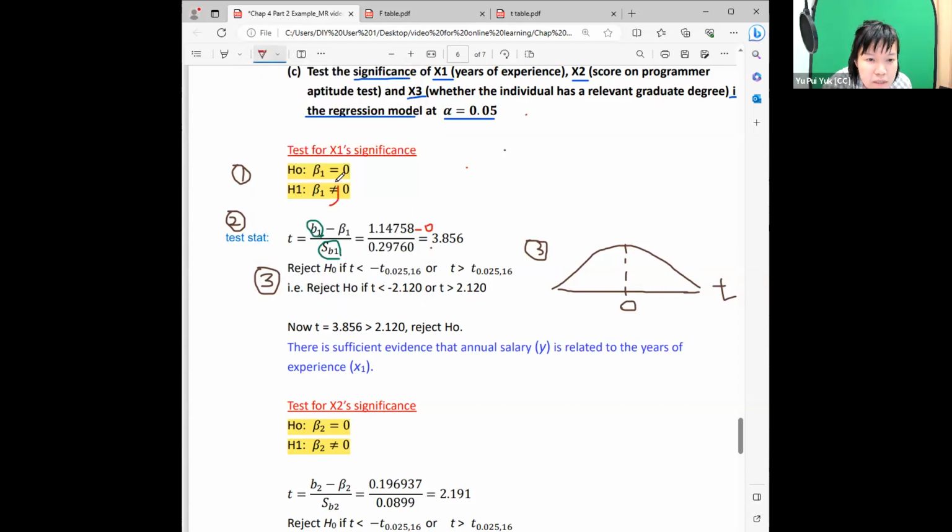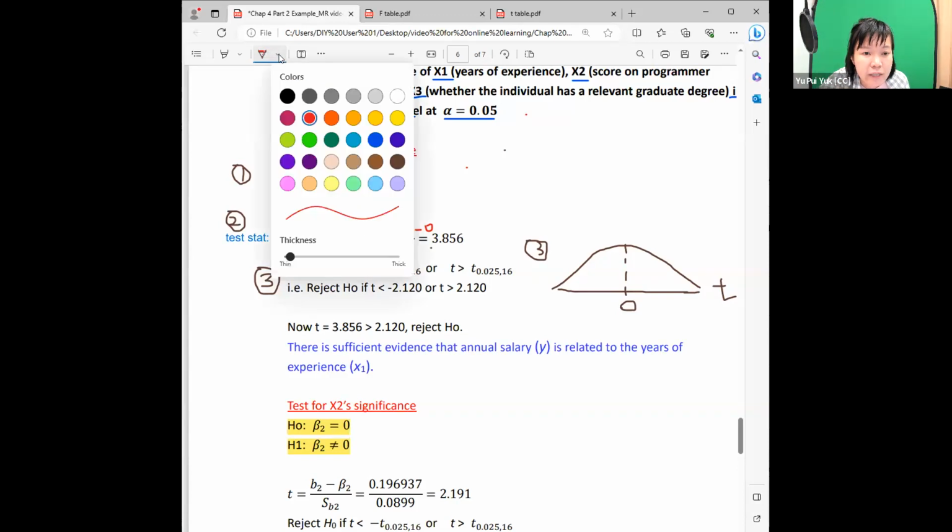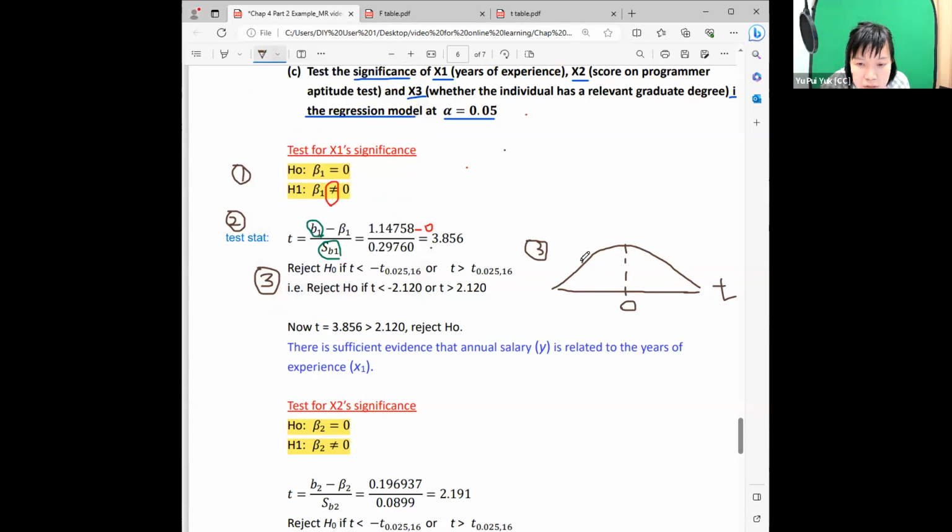Now H1 is the unequal sign, so the rejection region should be two-sided. So we cut two straight lines on the diagram, one on the left-hand side and one on the right-hand side of the t curve, and shade the area. Each side will be the rejection region.